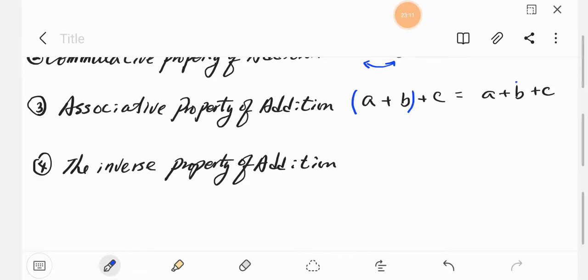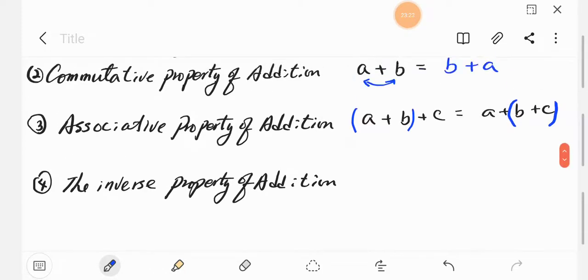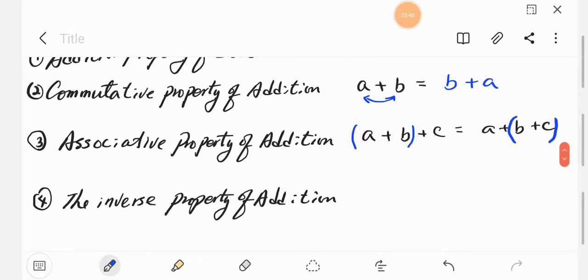Or you can add the last two, b plus c, first, and then add a to this result. In this case, the result will be the same. So in the associative property, the grouping is different, but the order of the numbers is the same: a, b, c, a, b, c, they don't change. Only the grouping is different. But in the commutative property, a, b, b, a, the order is different.